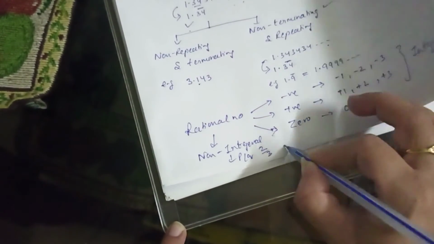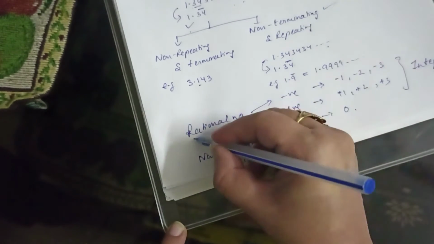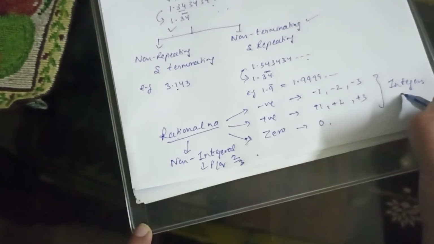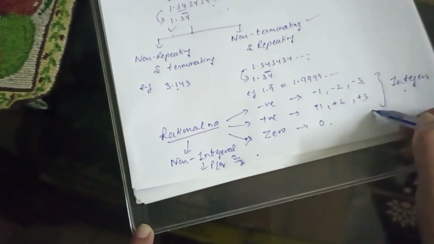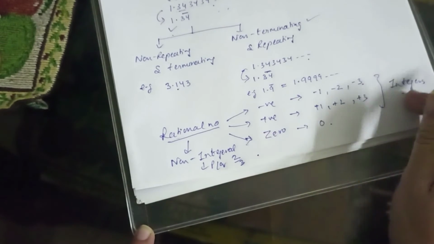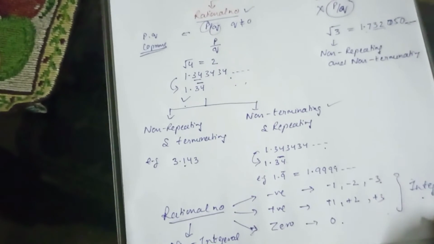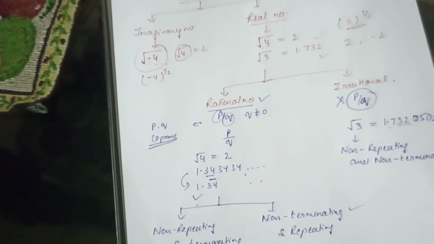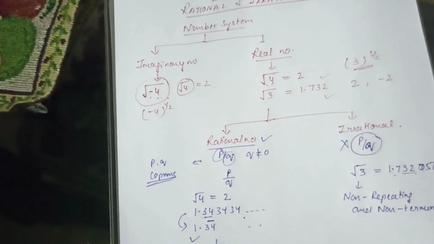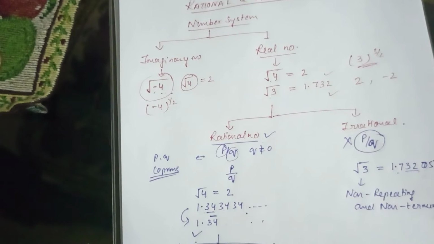Integral value can be negative, positive, 0, anything, but non-integral value is always P by Q form. Okay, so these are the few basic concepts which everyone must know if they are studying rational numbers.